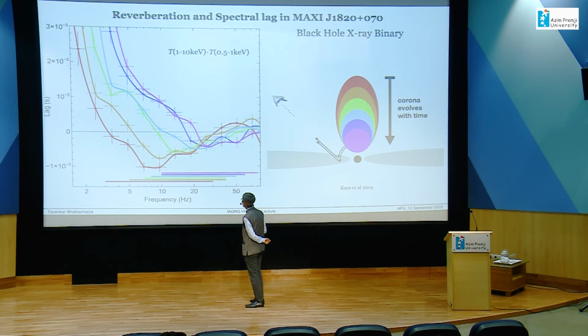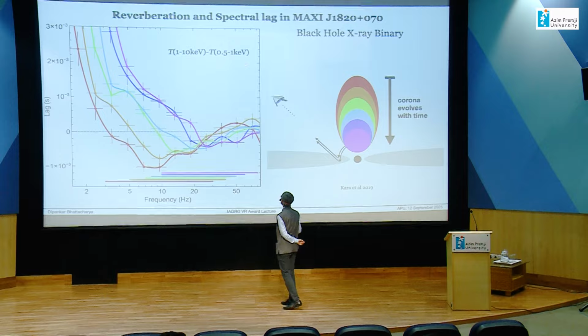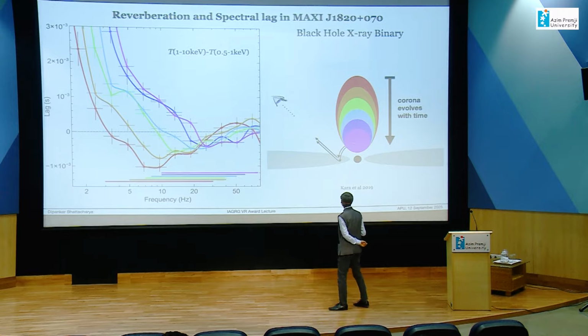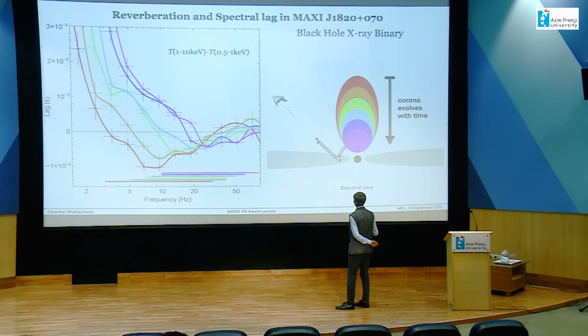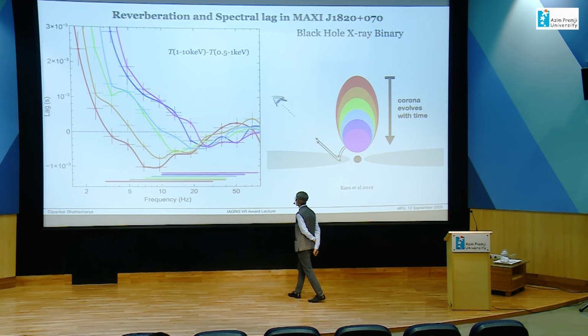And the delays being negative tells you that the lower energy photons are arriving later. And those are exactly the signatures of high energy photons being created through a hot corona and then reflecting off the disk, which is a little cooler, and then losing energy and coming to us. So the delay is between the direct and the reflected emission.